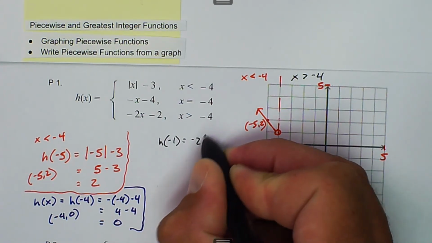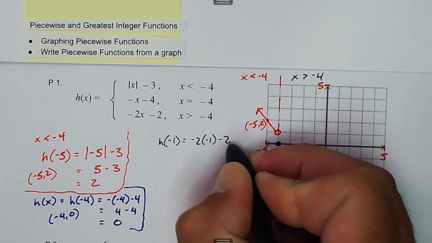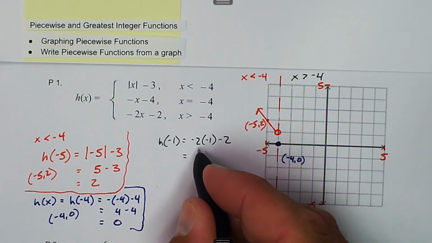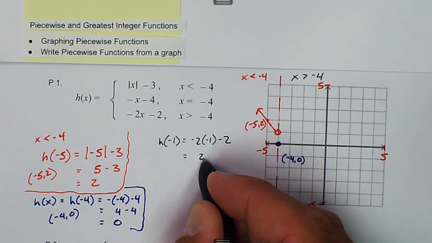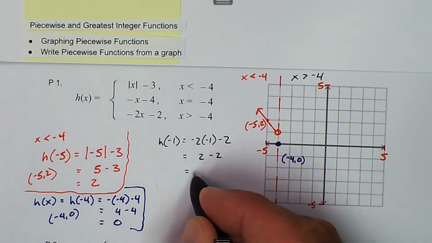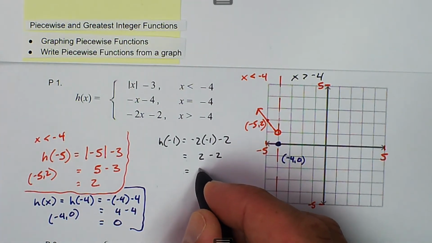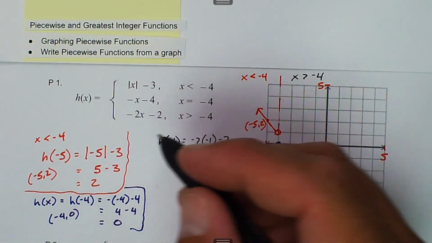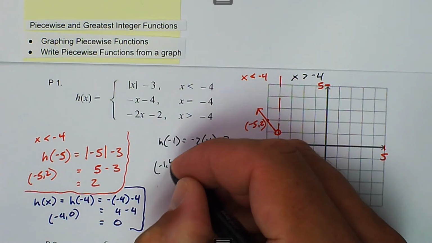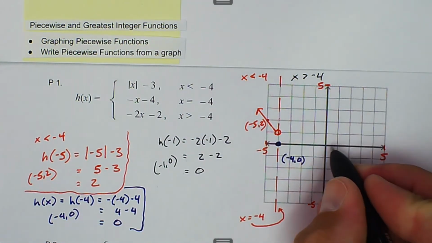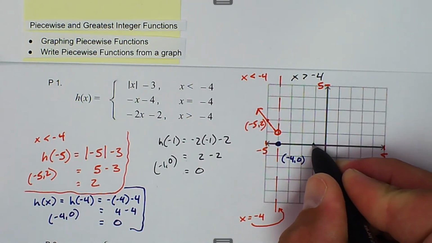So -2 times -1 minus 2. And so that's going to be equal to -2 times -1 is +2 minus 2. So that's going to be equal to 0. So we get the ordered pair of -1, 0. So -1, 0 is right there.